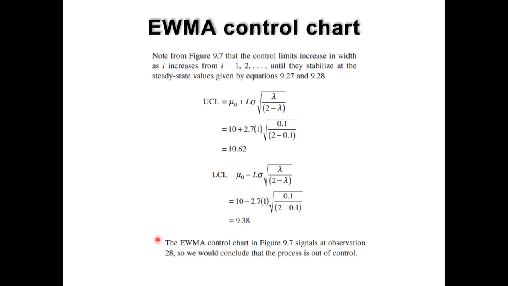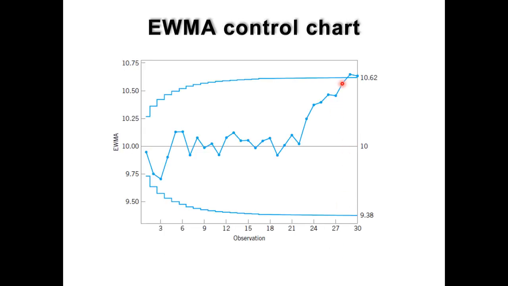But we can also see that the EWMA control chart signals that observation 20 is actually a situation of out of control. As you can see here, it starts to increase until the last two points, and these two points actually exceed the upper control limit.